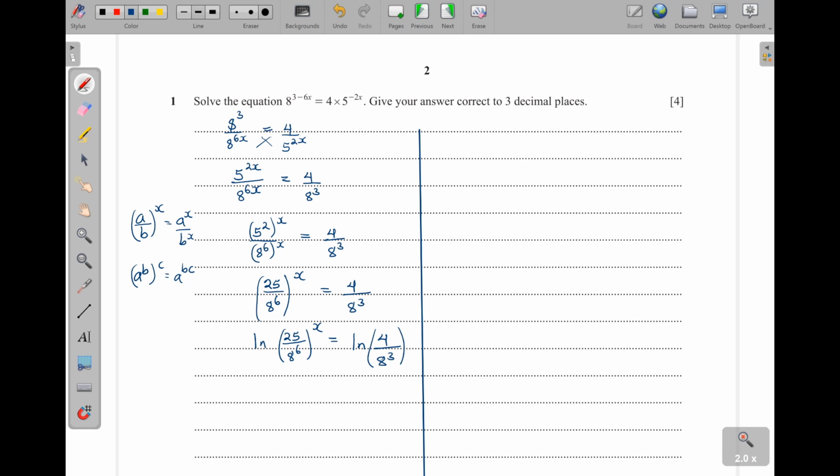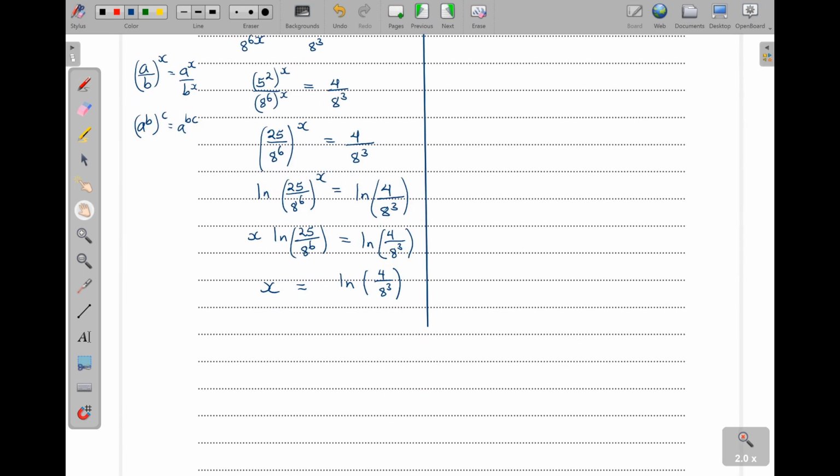Then using the rules of logarithms, this one can come down here. Okay, so we shall have x, then natural log of 25 over 8 power 6, which is equal to the natural log of 4 over 8 power 3. Automatically, our x is going to be equal to the natural log of 4 out of 8 power 3. Then we divide by the natural log of 25 out of 8 power 6.